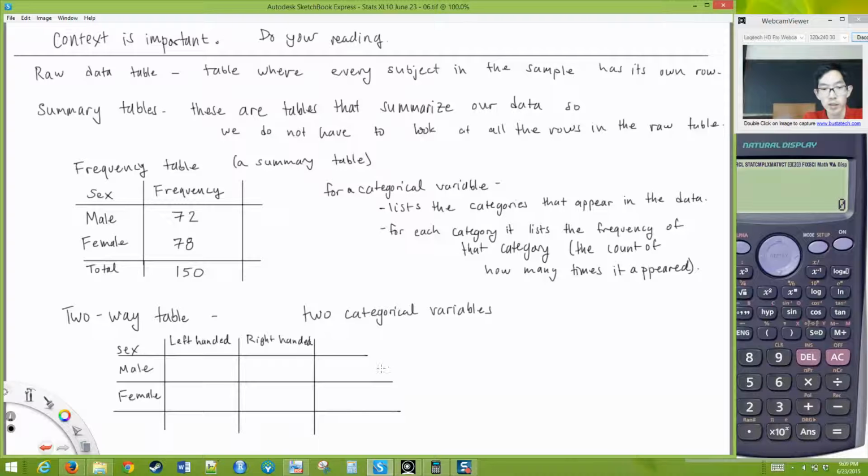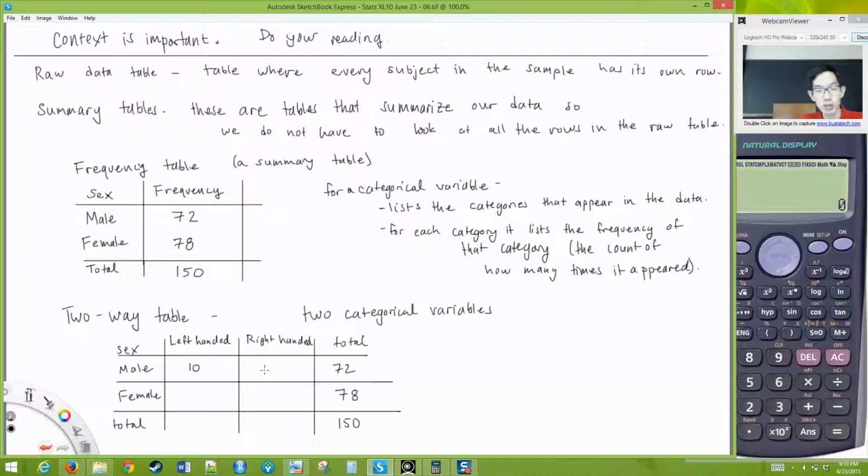Okay. So there's a total of 150 people, right? So that goes in the grand total over there. How many males total did we have? 72, which means we had 78 females, okay? And, okay, so of the 72 males, we would have to go through the data, but we could pretend we counted and we said, oh, out of the 72 males, 10 are left-handed.